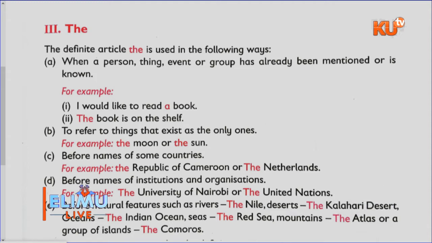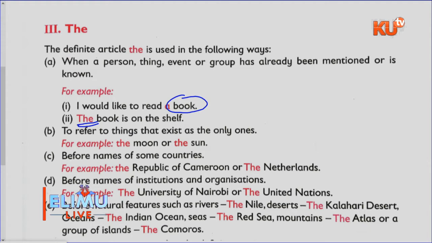Now you have mentioned that noun, book. In your second sentence, assuming it is in the same paragraph, you will say, the book is on the shelf. Now, the book that I had earlier mentioned is on the shelf.